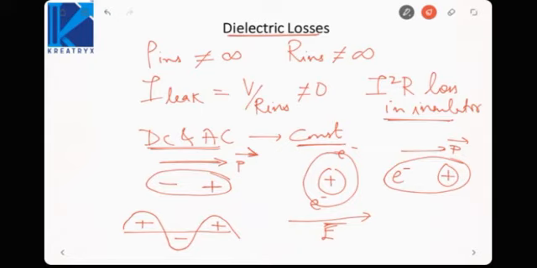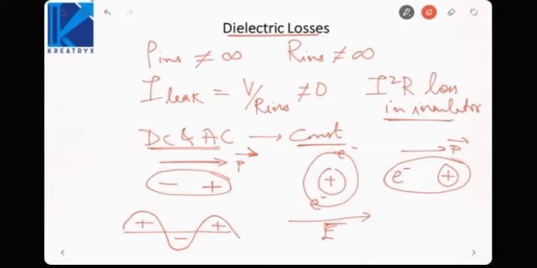It is similar to what we need in the case of hysteresis. In hysteresis, due to the alternating magnetic field, we needed to change the orientation of magnetic dipoles. Here, for our alternating electric field, we need to change the orientation of electrical dipoles. So that is analogous to the hysteresis loss. It is the major component of the dielectric loss, but it can only occur for AC.